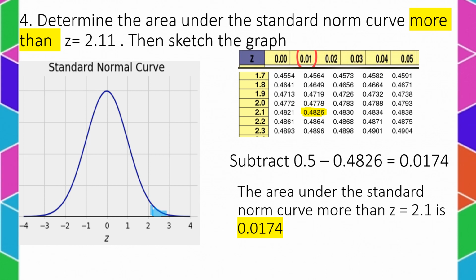So, this is only 1% of the graph. Clear? So, counter check nyo. The percentage is 1.74. So, 0.0174 is 1.74%. Okay? So, that is the graph.